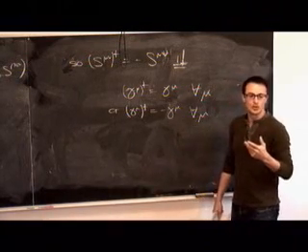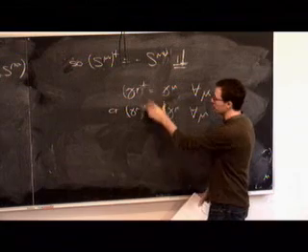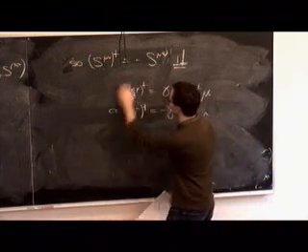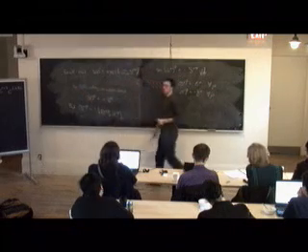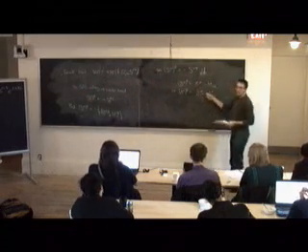Okay, you guys following? So if either of these were true, this equation here implies that this is true, and then that would mean that the representation was unitary. So let's just now see why this can't possibly be true.